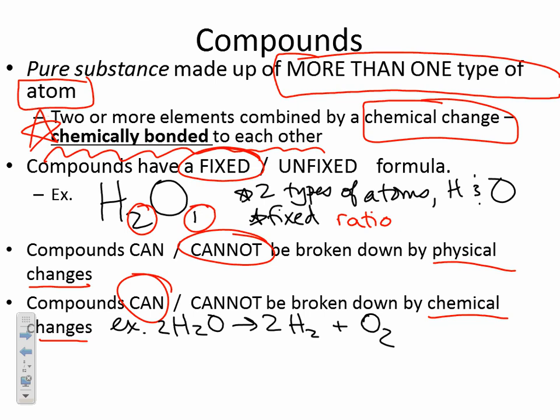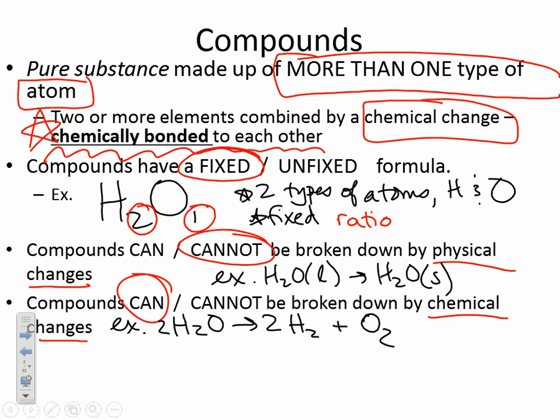You are altering the components of the system, but you can break down a compound through a chemical change, but you cannot break it down through a physical change. A physical change would be, for example, water, liquid, becoming solid water or ice, but it's still water. That's a physical change. So it's unchanged by physical change, but it is altered by a chemical change.